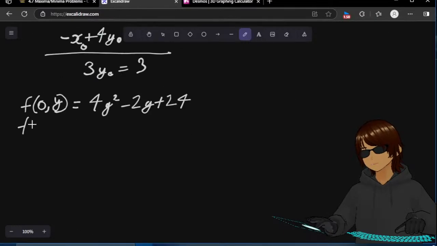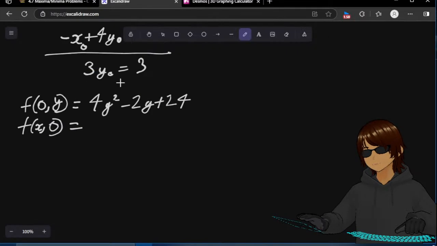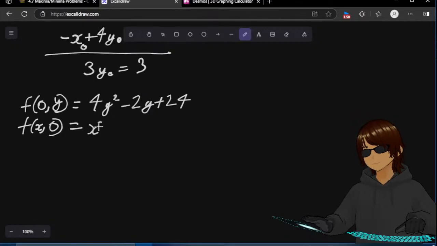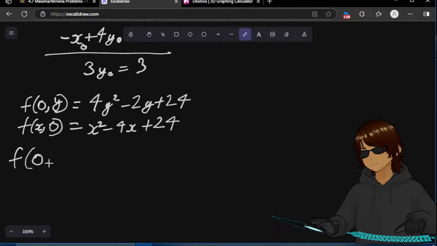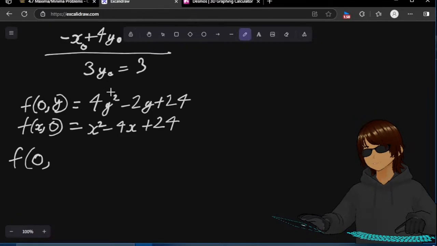And then we have x, 0, no, y 0. So 0, 0, 0, x squared minus 4x plus 24. The biggest value of y is 2.